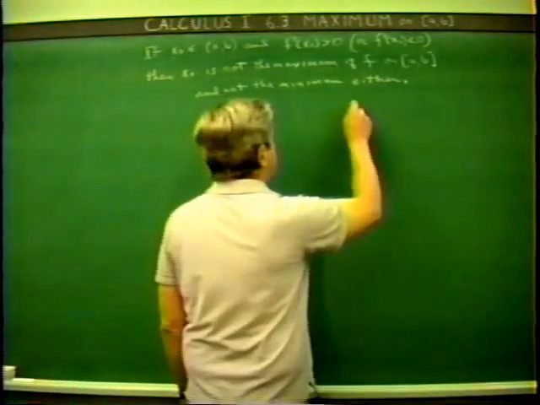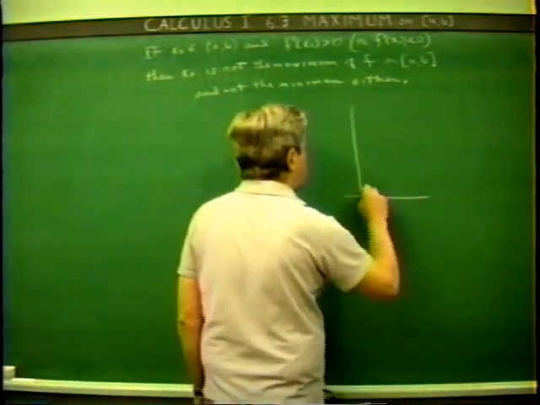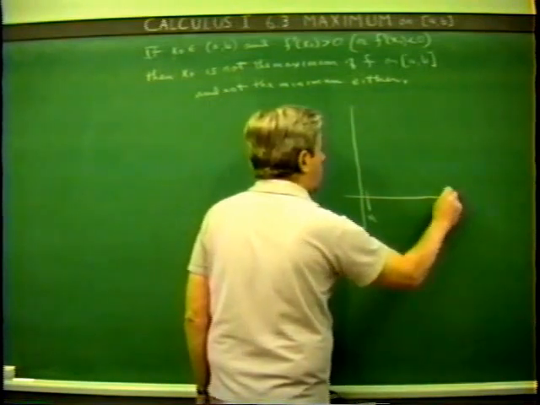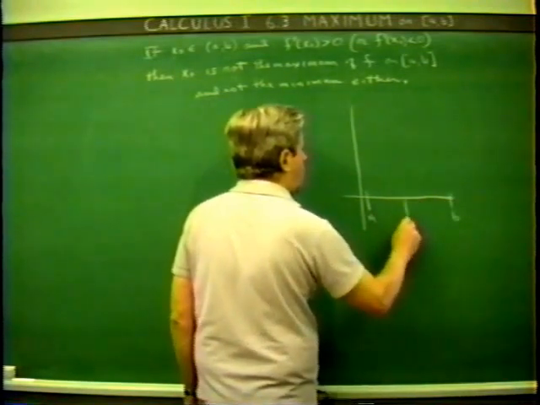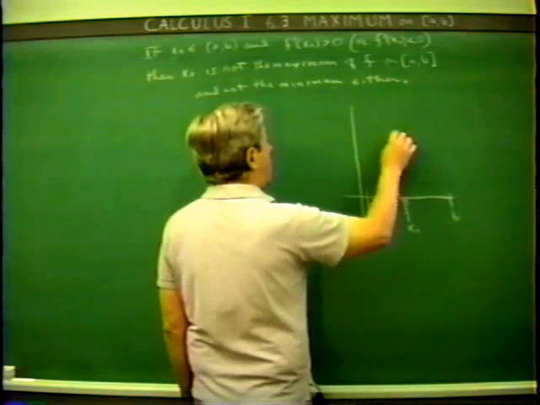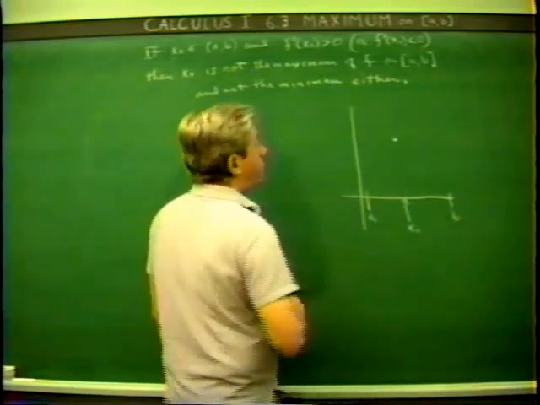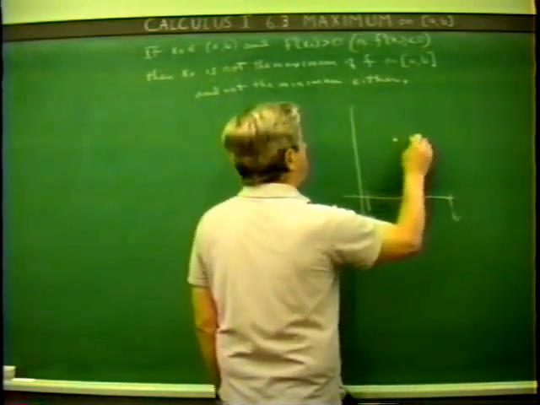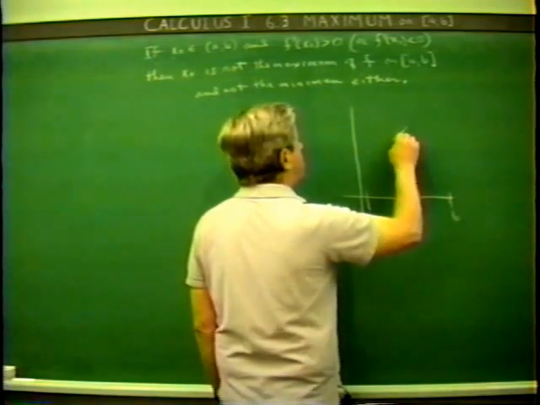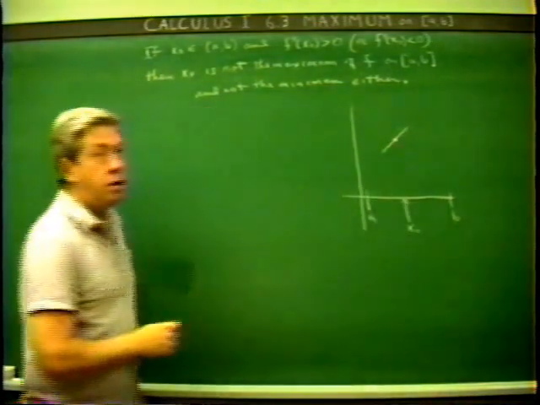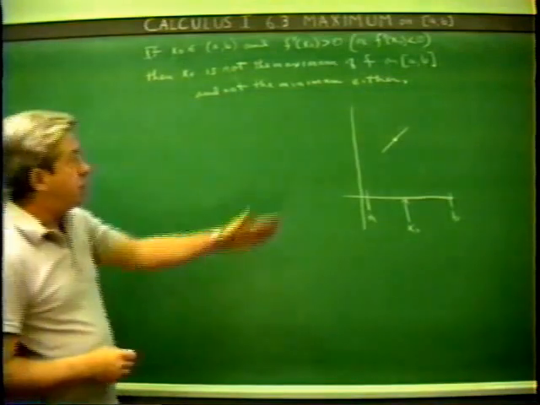Okay. The picture for this looks something like this. Here's the interval A, B, and here's x naught. And there's perhaps f of x naught, and now I'm going to assume first of all that the derivative is greater than 0.